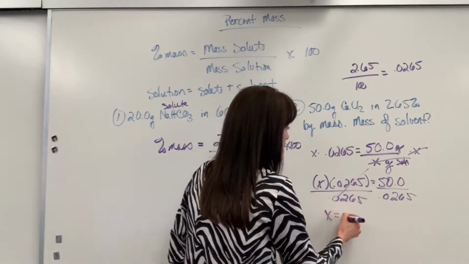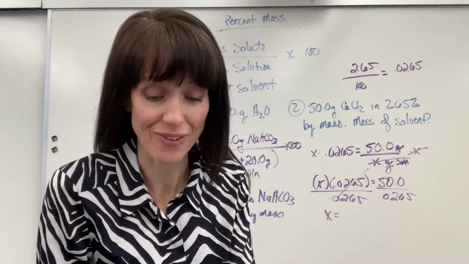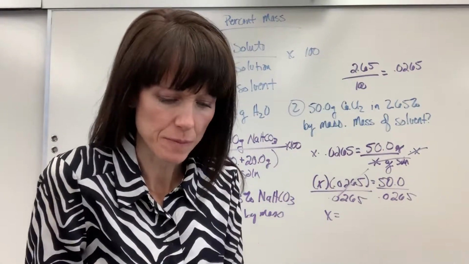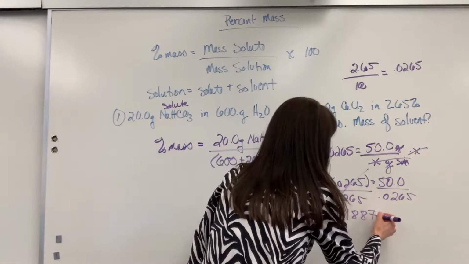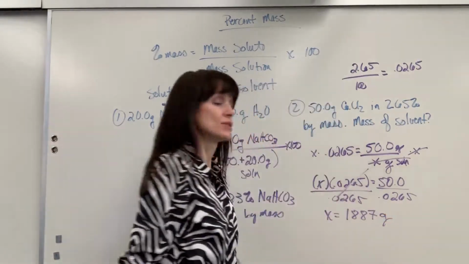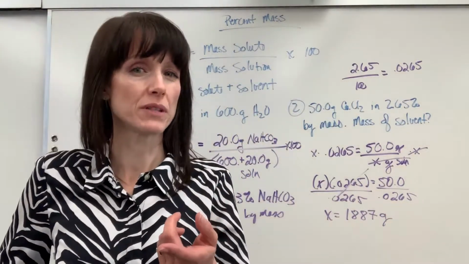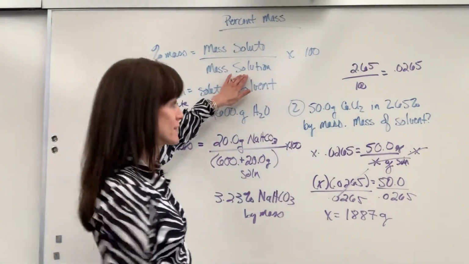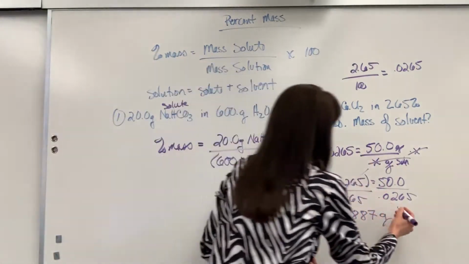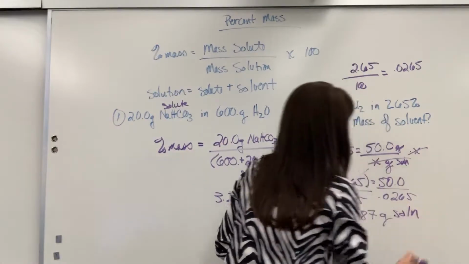We'll get x equals, okay, let's divide it. We are going to get 1,887 grams. So that's the total mass of what? What did we just find? We found the total mass of the solution. That was the x. So that's for the solution.